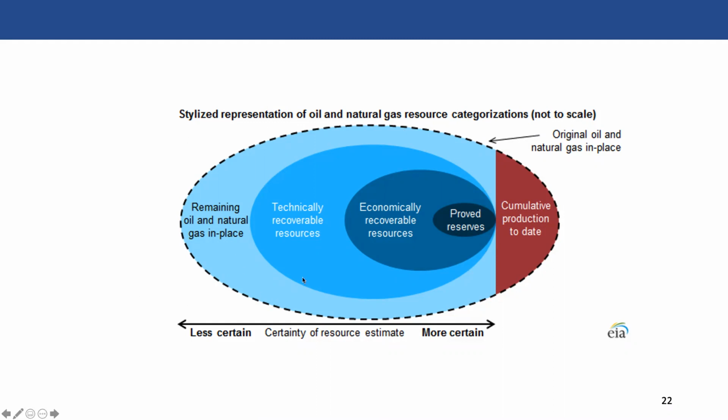And then this is all the rest of it, which is stuff that you can't actually extract. And so as you go from right to left in this diagram, there is less certainty in the availability and measurement of the resource.